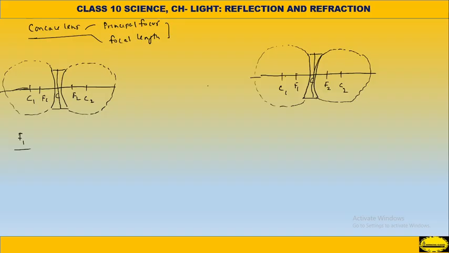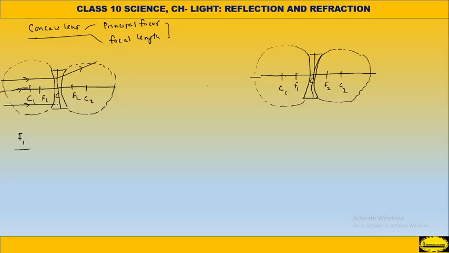In the case of a concave lens, when the light rays are parallel to the principal axis and get incident on the refracting surface of the concave lens, they diverge.